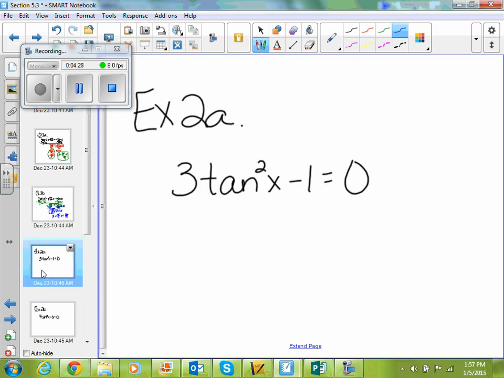If I look at example 2a, I'm given 3 tangent squared of x minus 1 equals 0. I need to get the tangent of x by itself so that I can solve for x. First thing I need to get rid of is this minus 1, so I add 1.